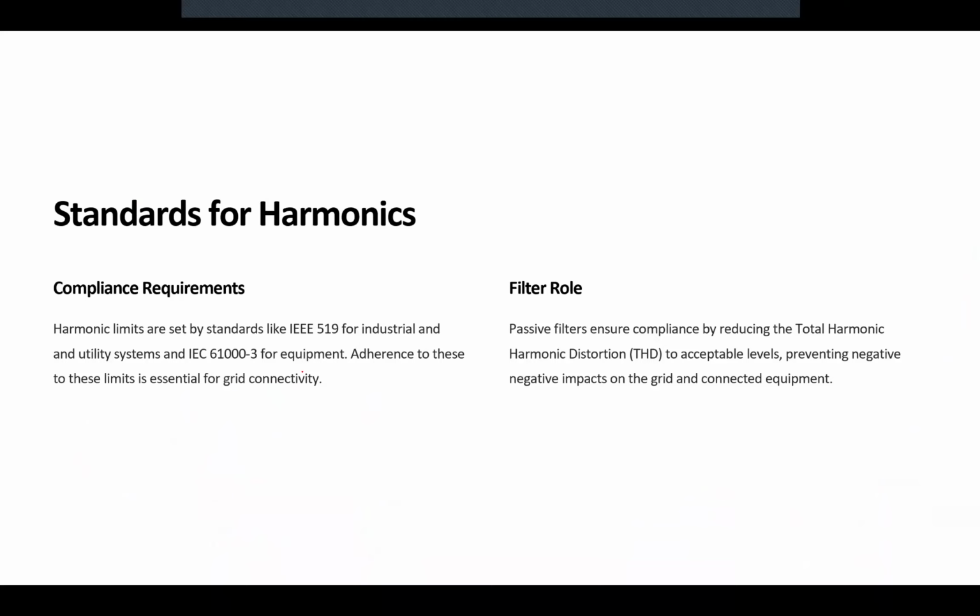Now, there are certain standards for harmonic reduction. As I mentioned before, we wanted to mitigate our harmonics, but we know that we cannot make them zero. That's not possible, okay? There is a threshold. There is a standard defined for that, which you have to follow if you want to connect your inverters to the system. I recommend you go through these two standards and see how industry and the regulators view the problem of harmonics.